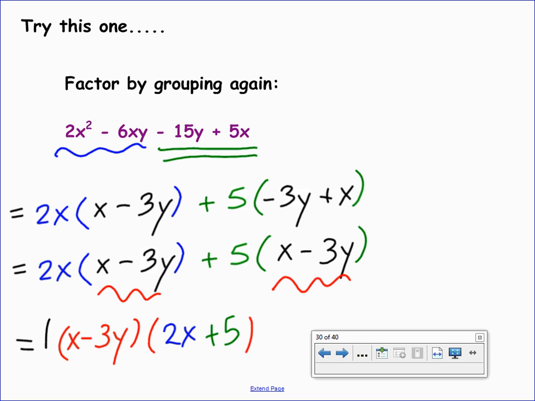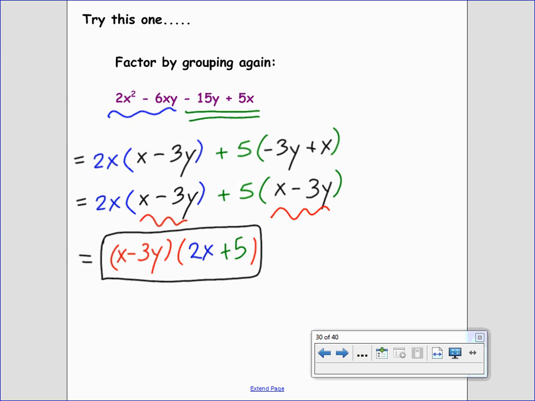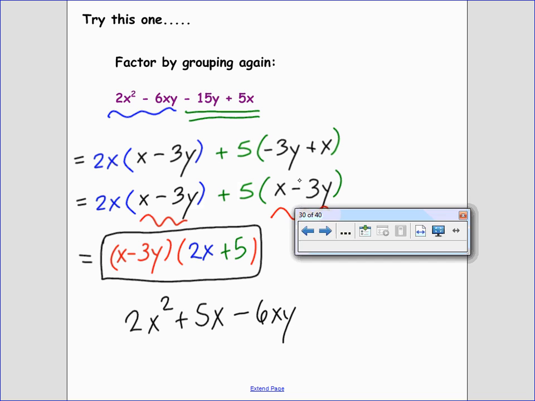And again, you might be thinking, no way. That doesn't look at all like our previous factorizations. But guess what? We could still do a FOIL problem to check. x times 2x is 2x squared. x times plus 5 is plus 5x. Negative 3y times positive 2x is minus 6xy.